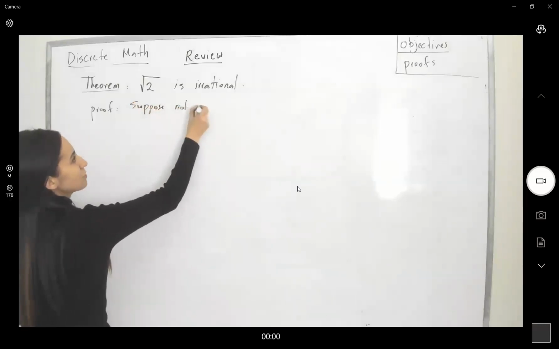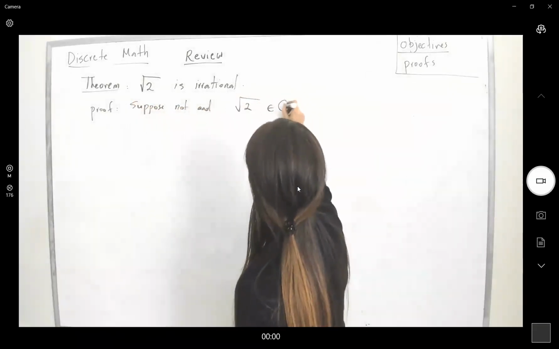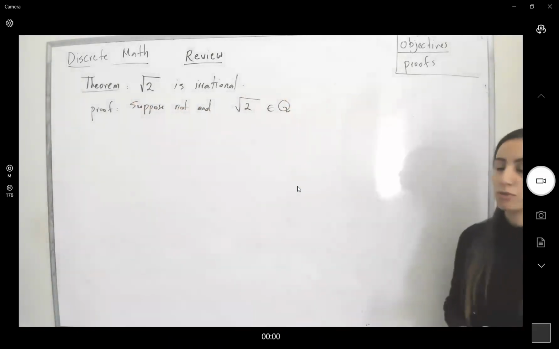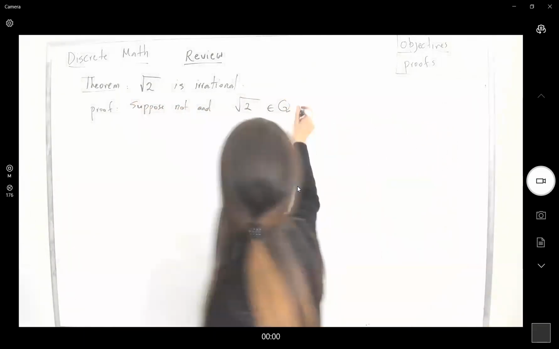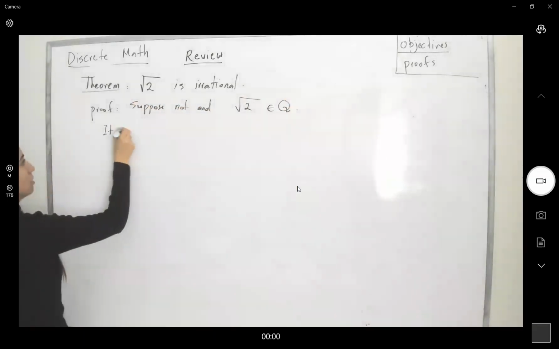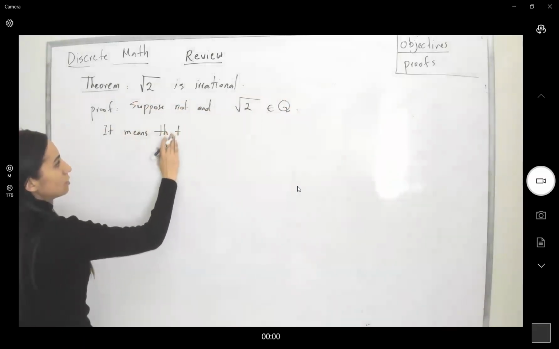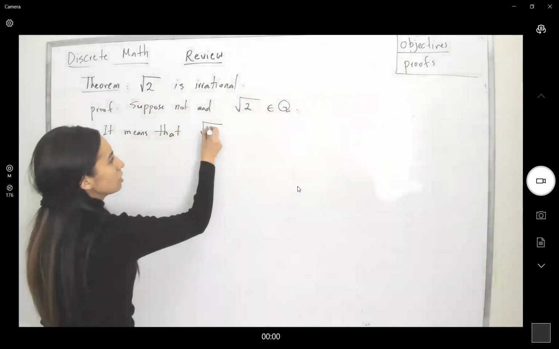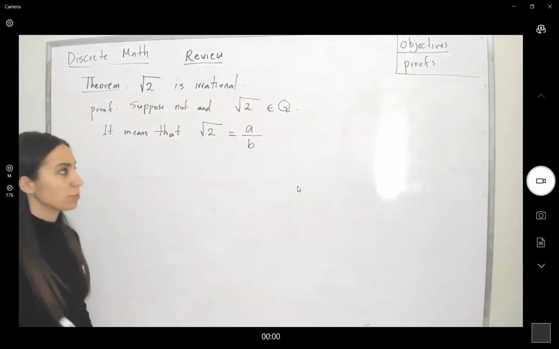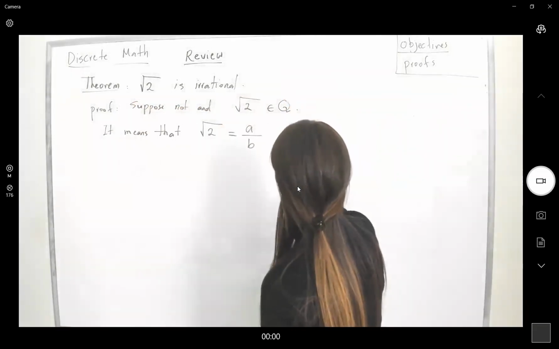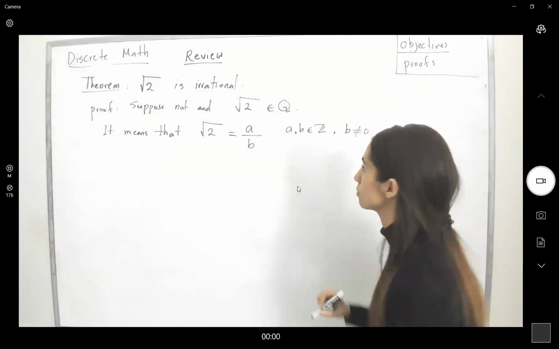Suppose square root of 2 is a rational number, belongs to Q, the rational numbers. So it means that square root of 2 can be written as the division of two numbers, a divided by b. a and b are both integers, and b is not 0.